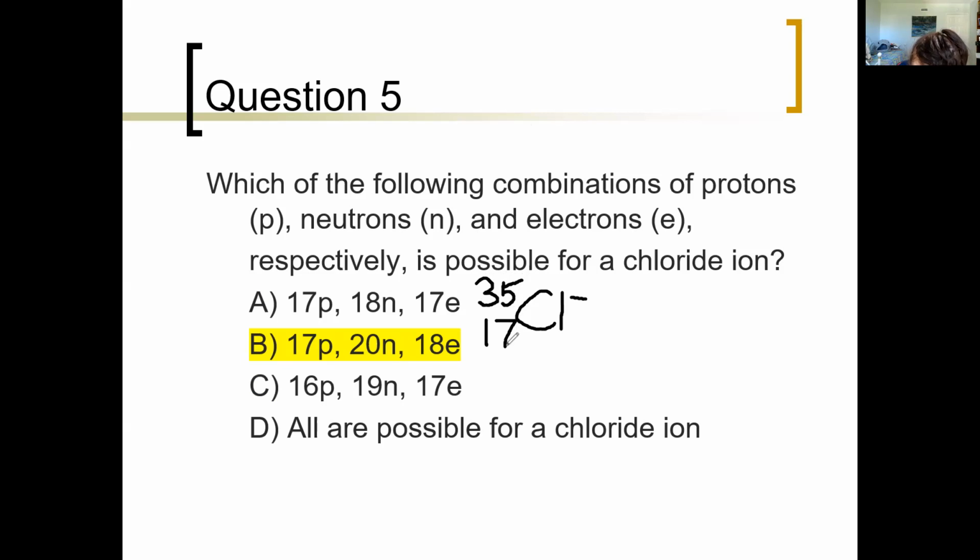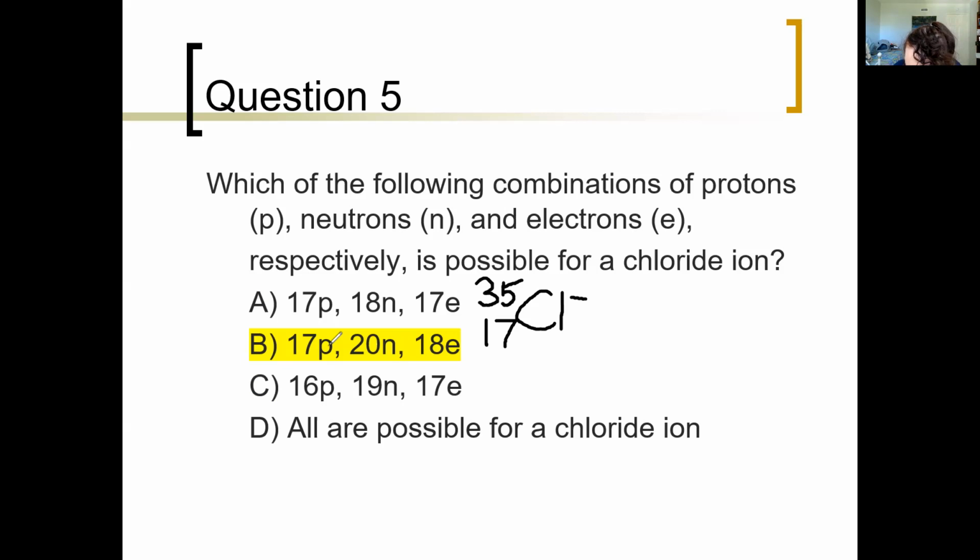Wait, is this answer wrong? Our group decided on A. I wonder if they got the answer. Wait, 35 minus 17 is, wait a second.